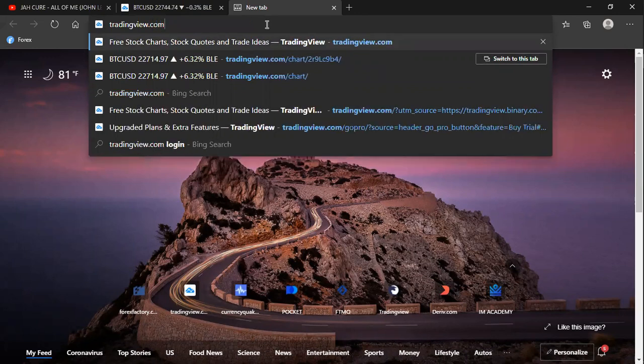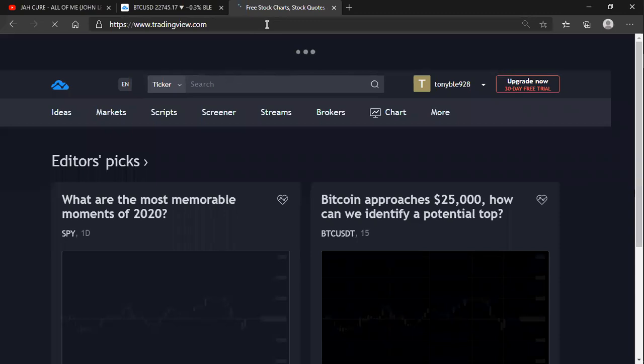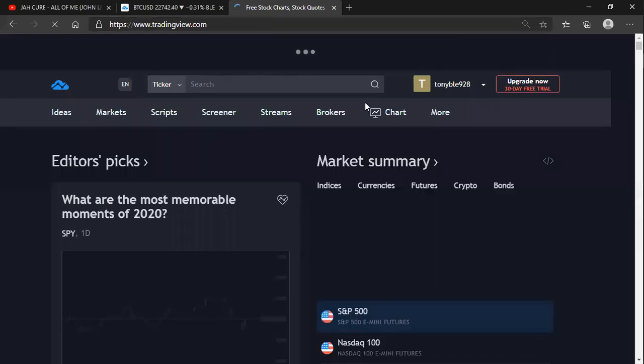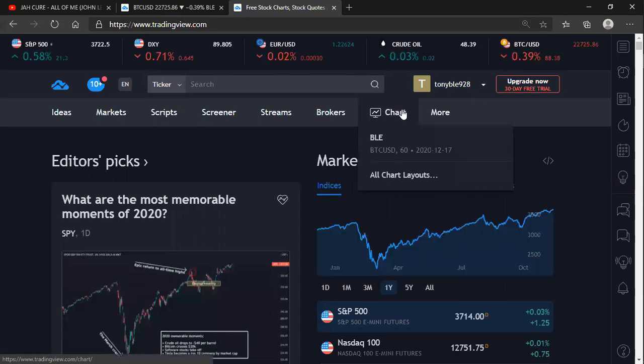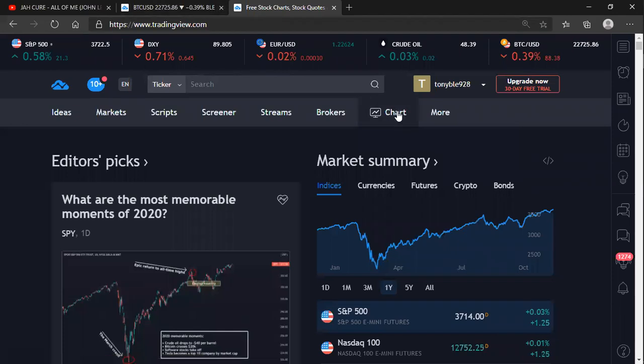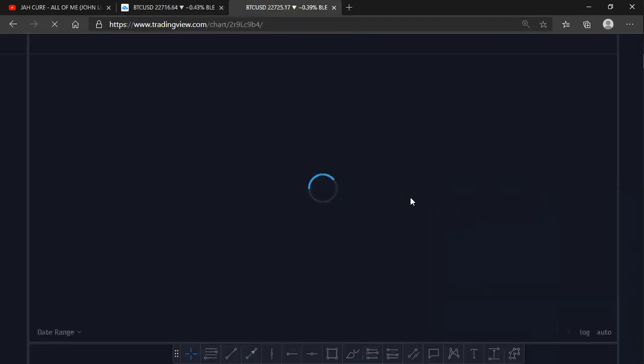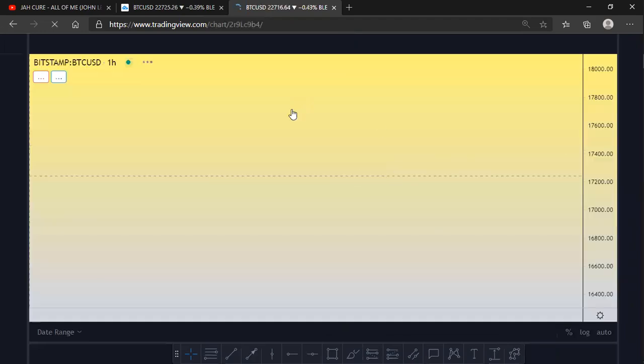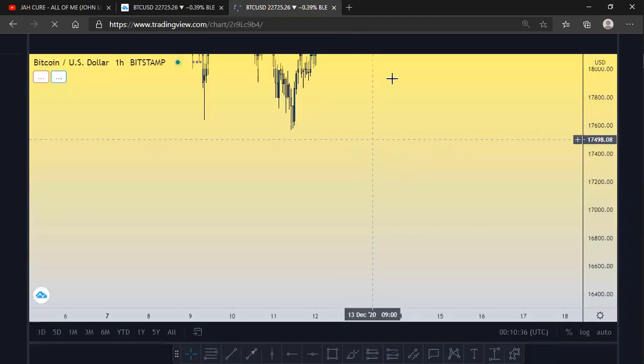You click it, and it takes you straight to the chart. You can see this chart here, right? All right, it takes you straight to the chart, and then you can access what you want to do.